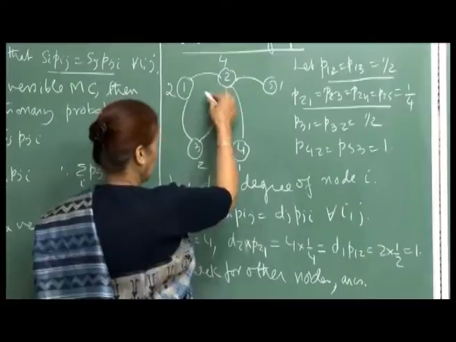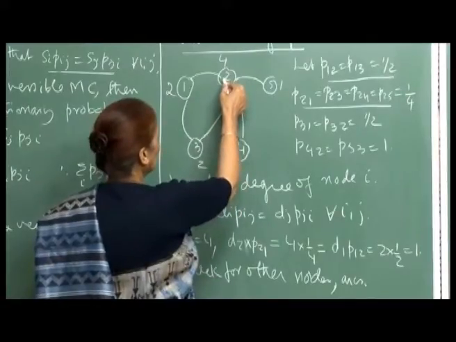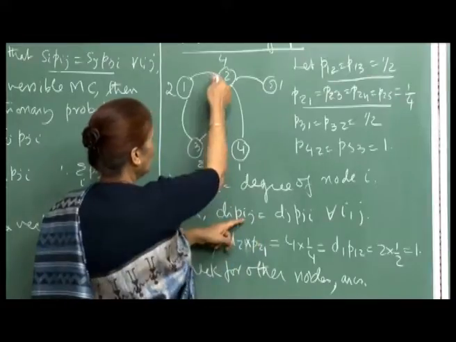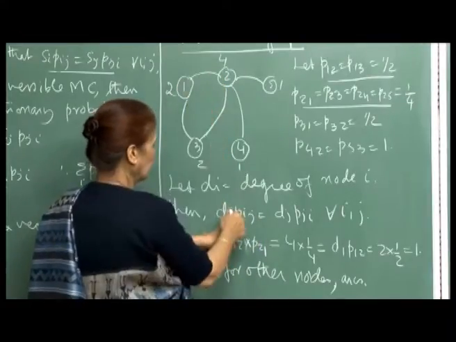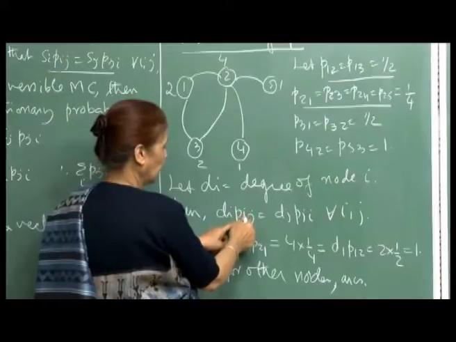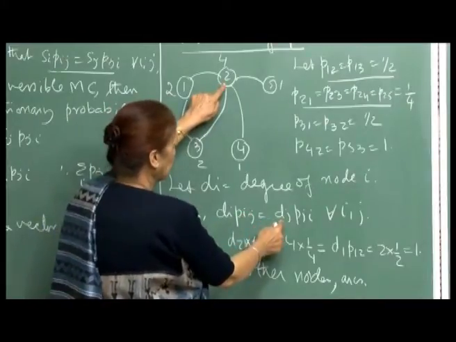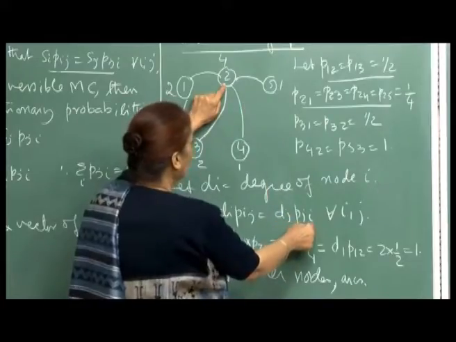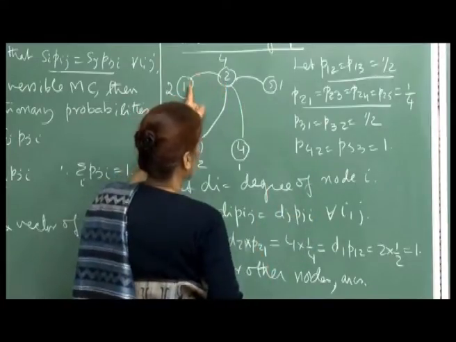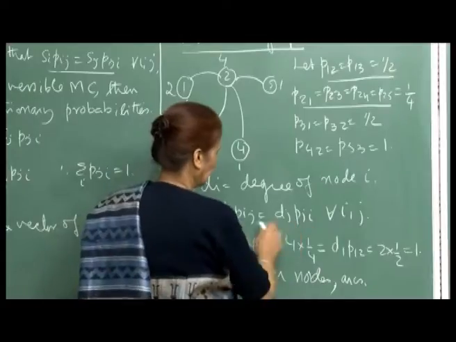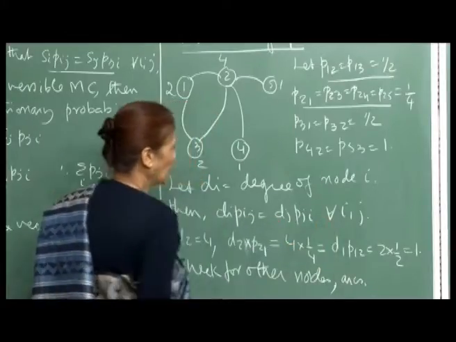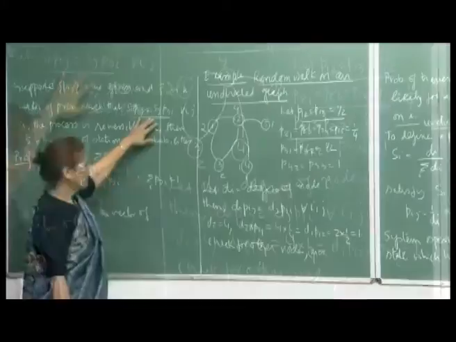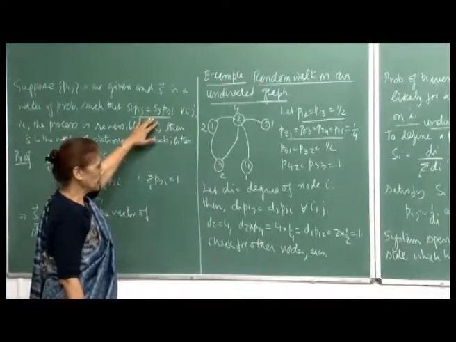For example, if you are looking at 1 2, where i is 1 and j is 2, then this is half, and d1 is 2. So, this becomes 1, and then when you are here, d_j, the degree, is 4 into p_ji, p21, which is 1 by 4, and therefore the product is 1 here again. So, this holds for all ij. And so, looking at this, the necessary condition is being satisfied.